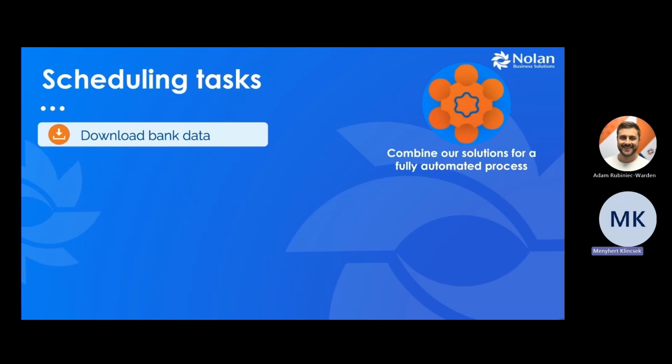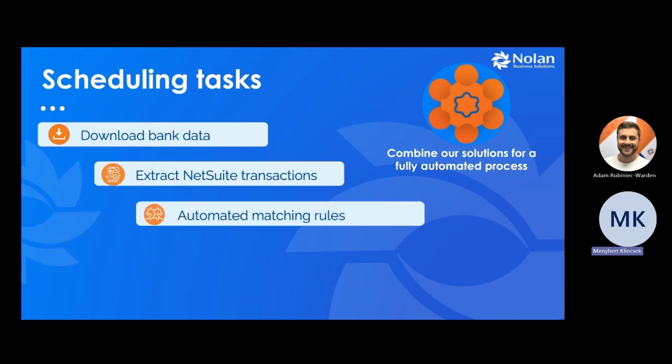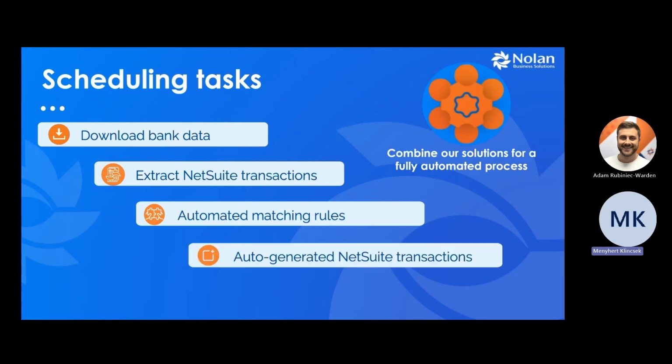We can download the bank statement to see in ABR. We can extract NetSuite transactions to pull into ABR. We can automate all the matching rules, the rules that have already been generated. And we can also use the auto-generate template to create NetSuite transactions.